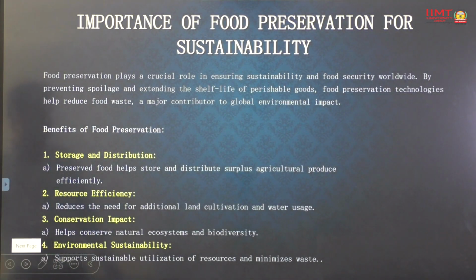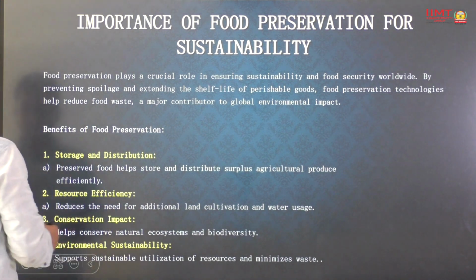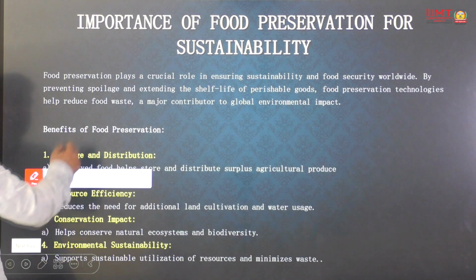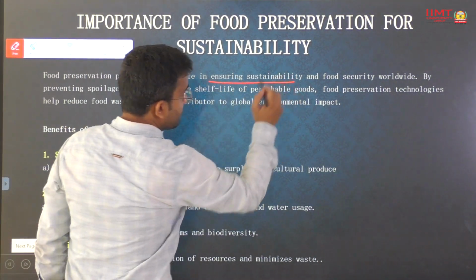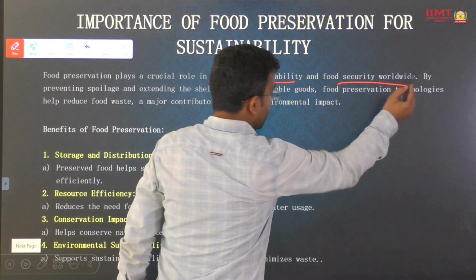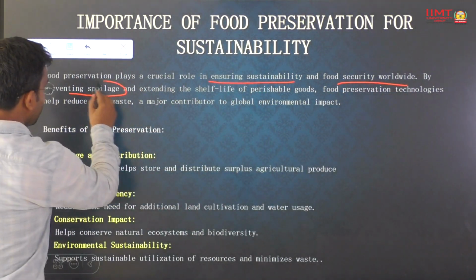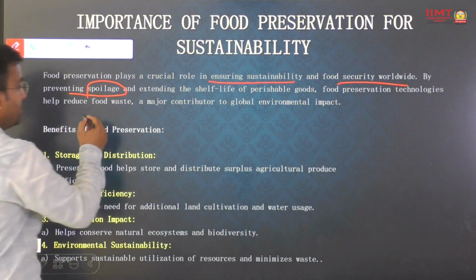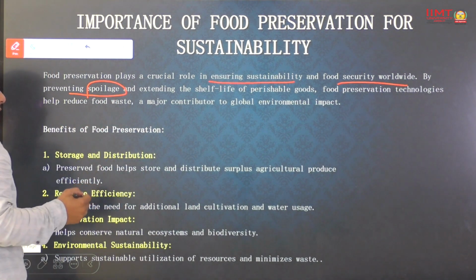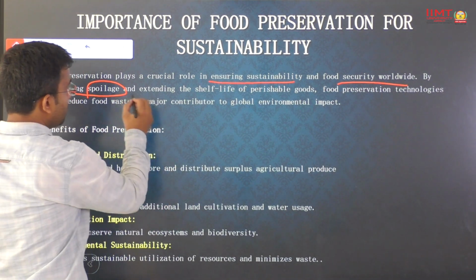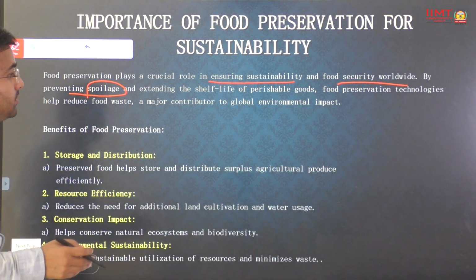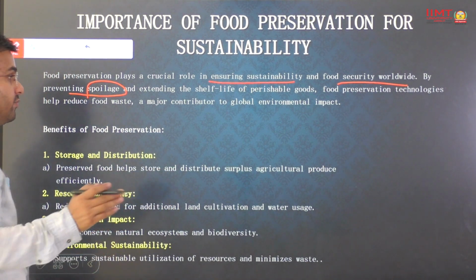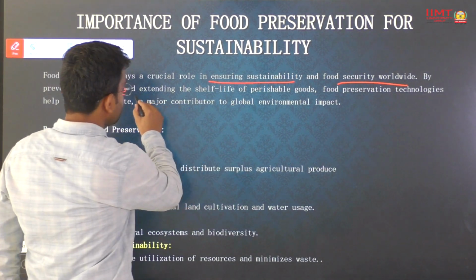Here is the importance of preservation for sustainability. Preservation plays a very crucial role in ensuring the sustainability of food security worldwide by preventing spoilage. If by preservation we stop or reduce spoilage, it means we help food security worldwide and reduce food waste by extending shelf life.